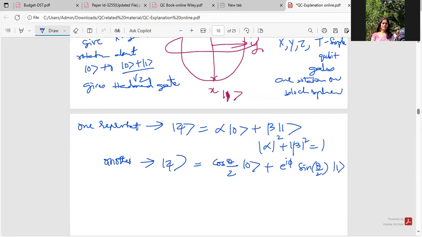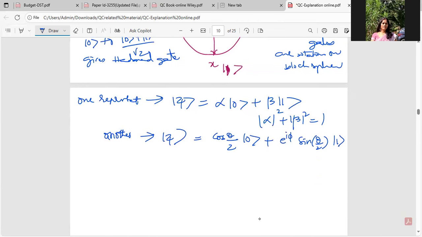And now I would like to talk about this notation, because of which how all the gates act upon ket 0, ket 1, all those things I discussed. So what I will do is, I will try to find out the eigenvalues for the Bloch sphere. Let us see what that is.